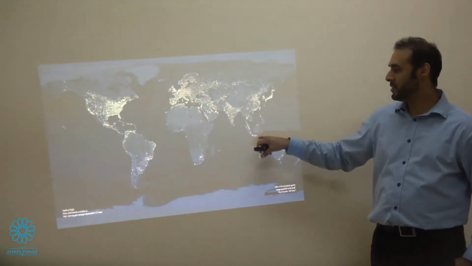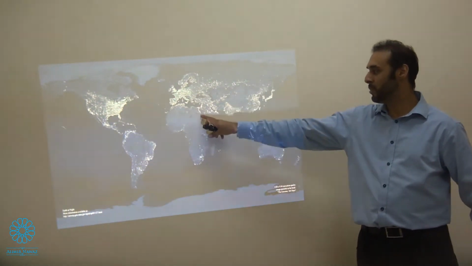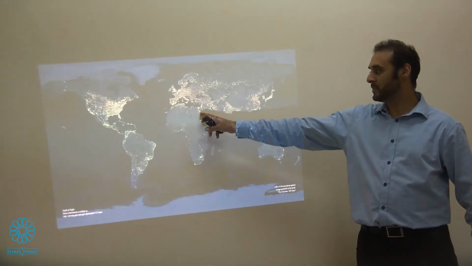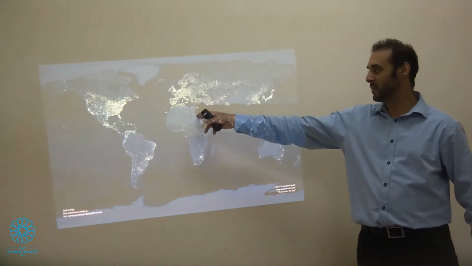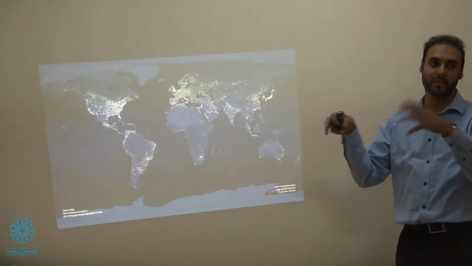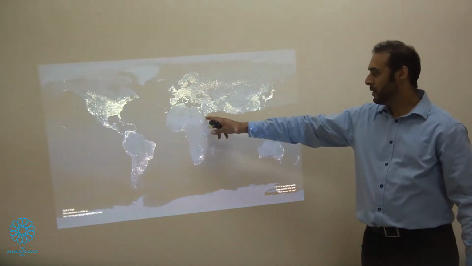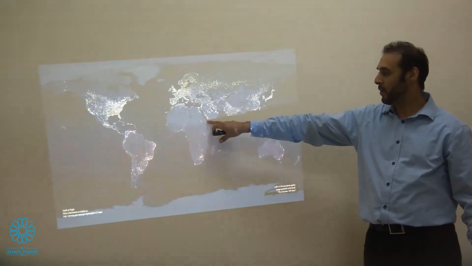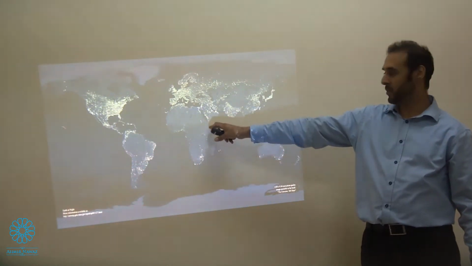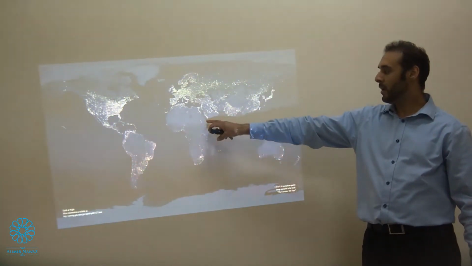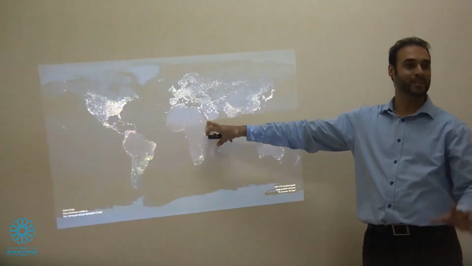Look at parts of Indonesia, and look at this, the River Nile, right? Most of the population lives by the River Nile because of cultivation. The rest of Egypt's a desert. So over here, look at the light pollution, and we're on the west coast of Saudi Arabia. We're down here, Jazan, and as you know, this part's not that developed.